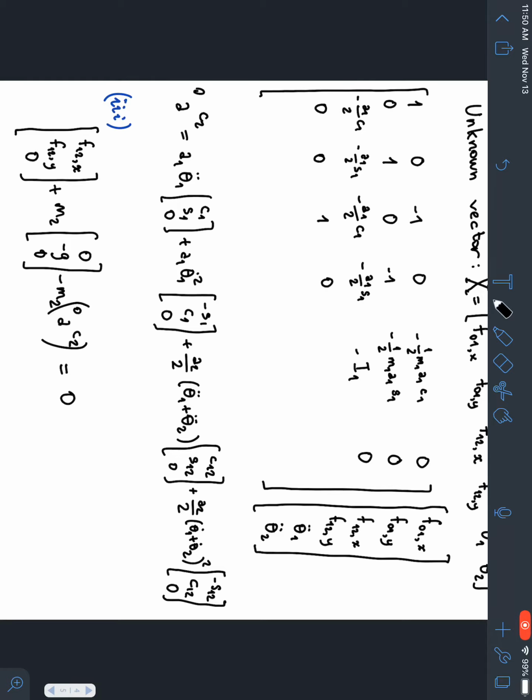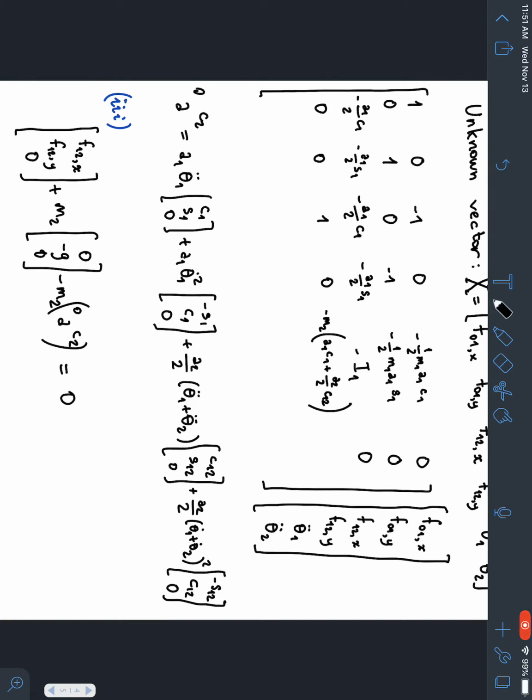Coefficient of theta 1 double dot. So now I'm looking at this over here, right? The theta 1 double dot term comes from here as well as here. So I'm looking at those two terms, and what I see is the coefficient is minus m2 times parentheses a1 cosine of theta 1 plus a2 over 2 times cosine of theta 1 plus theta 2.